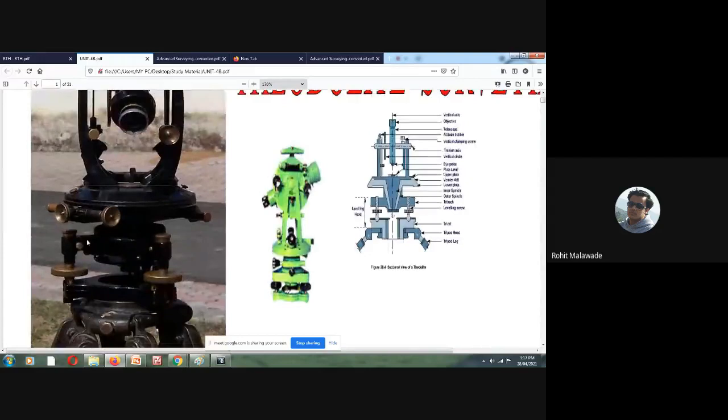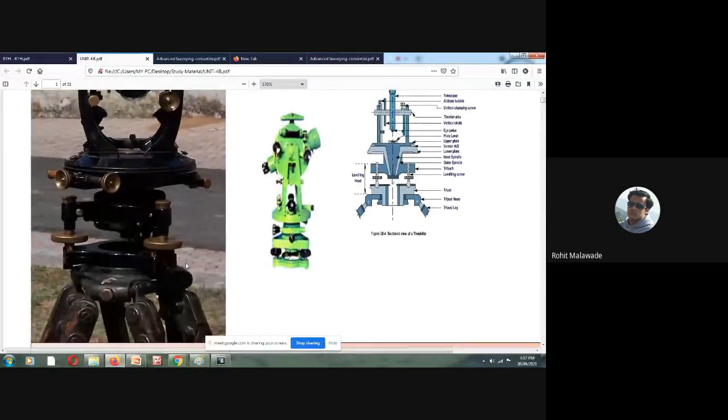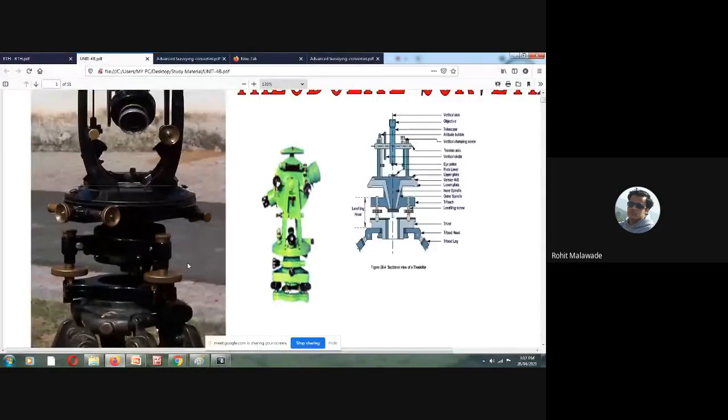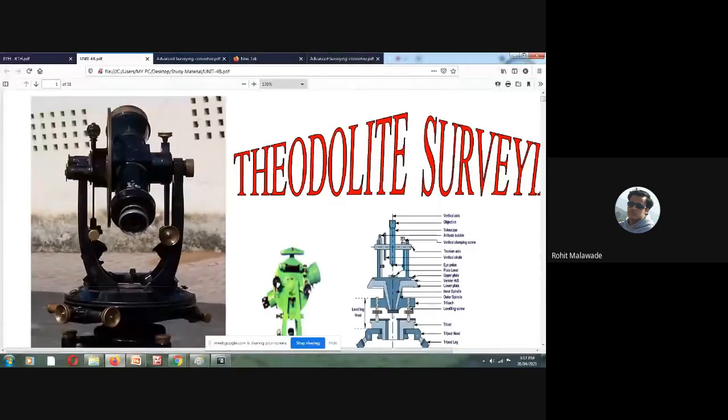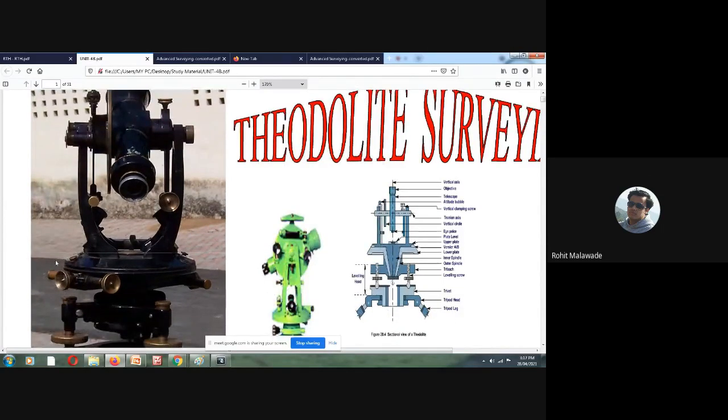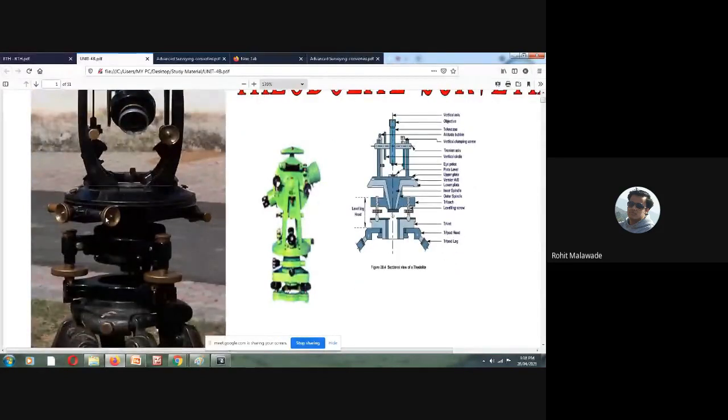Now the most important part of the instrument is what we call the telescope. Are you getting it? Here we have two plates: this is the lower plate and this is the upper plate.